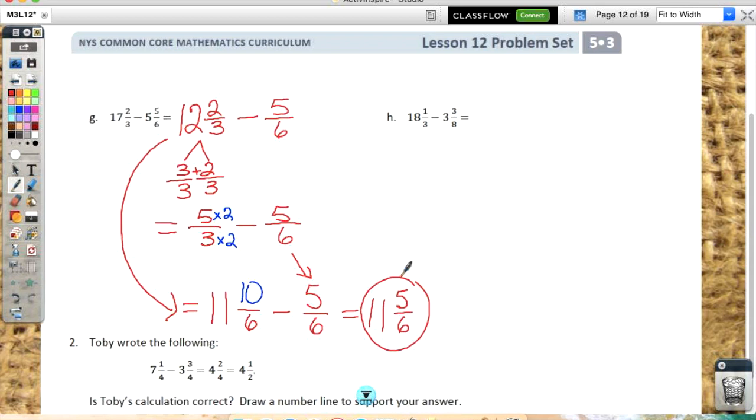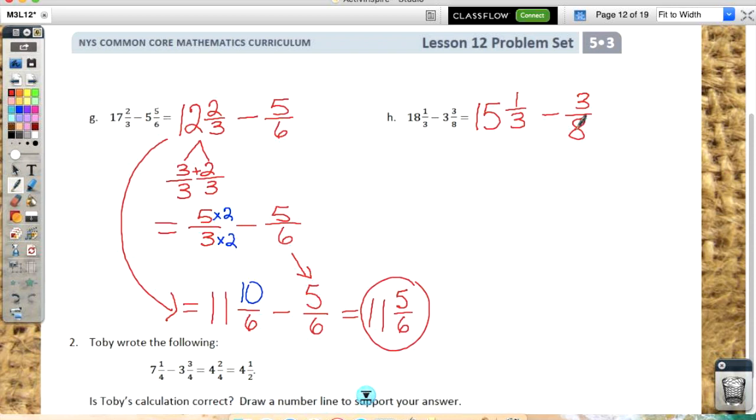Okay, let's look at H. 18 minus 3. Okay, so is 1/3 more or less than 3/8? That's pretty close.